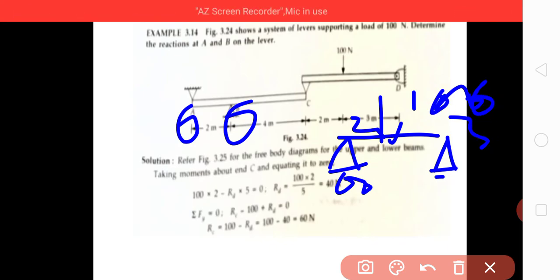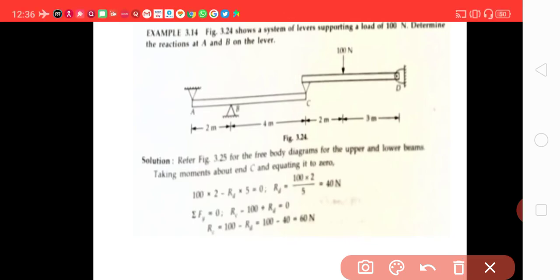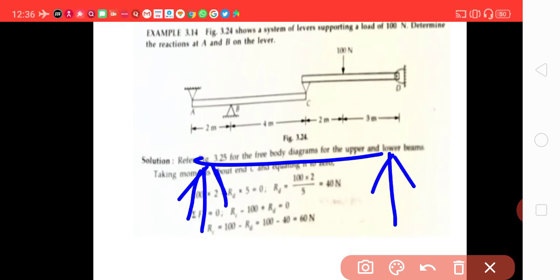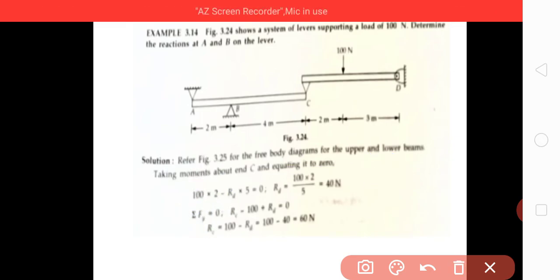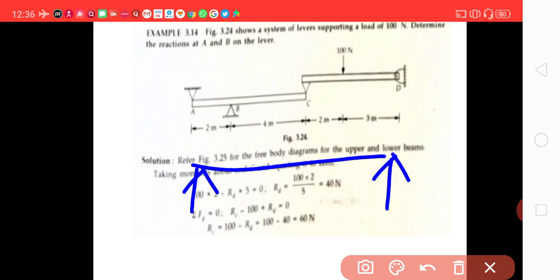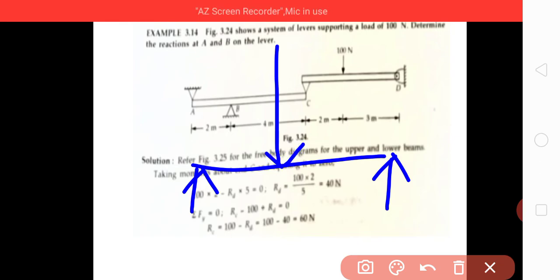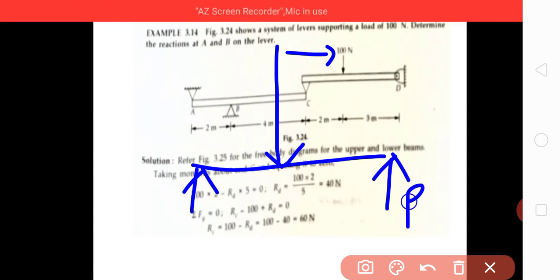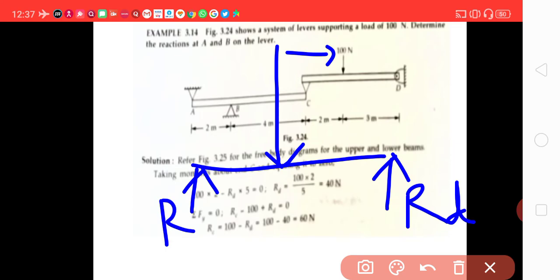Load is 100 Newton, so its free body diagram can be drawn like this. This is your 100 Newton, this is RD and this is RC.